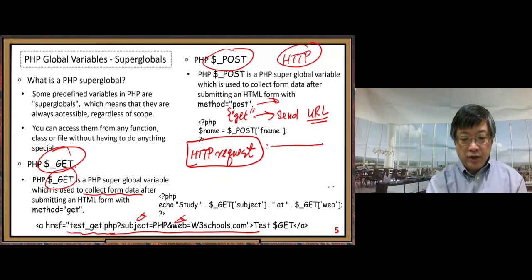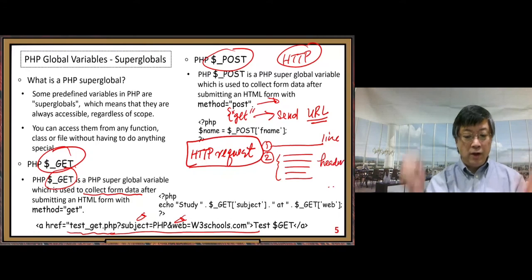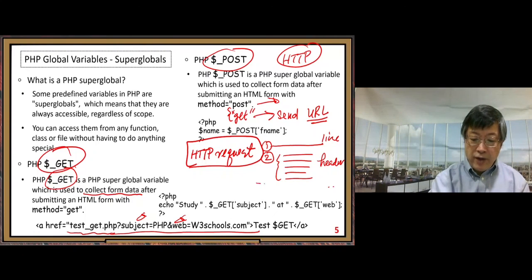The first part is the request line, the first line. The second part is multiple lines, the request header part. After that, there is a blank line.